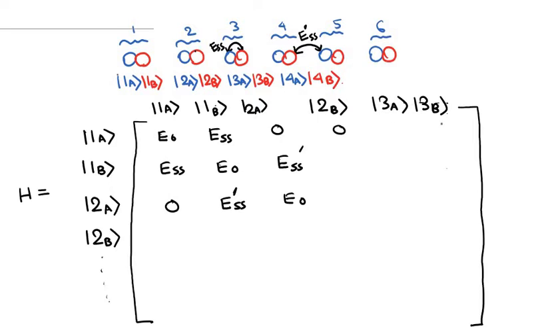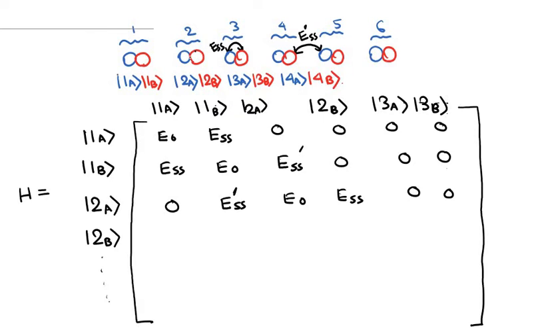So 0 0 0, 0 0 0, and then this element represents the coupling of this atom with this neighboring atom, so this is ESS, 0 0. Then this row corresponds to the equation for this atom over here.